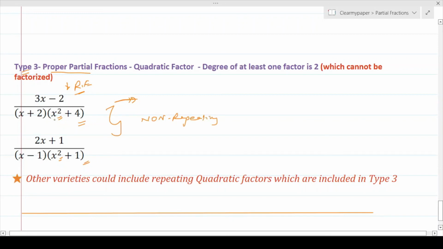For example, if you had 3x minus 2 on top, and at the bottom we had x square plus 4, and it is repeated, so it's twice, then it becomes an example of a repeating quadratic. But since the methodology is not very different, I'm not counting that as a separate type. If you understand this type, you can always solve it. That's why I put this in an asterisk, saying that other varieties could include repeating quadratic factors, which are included in this.